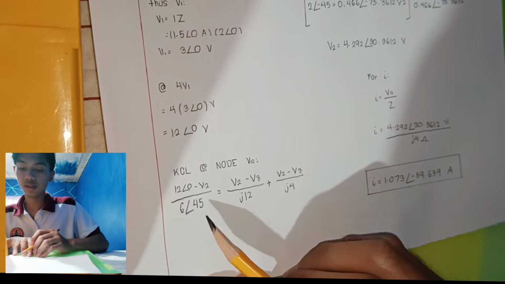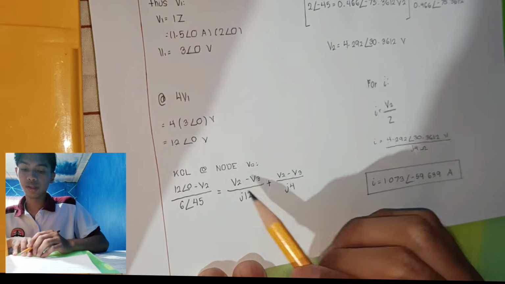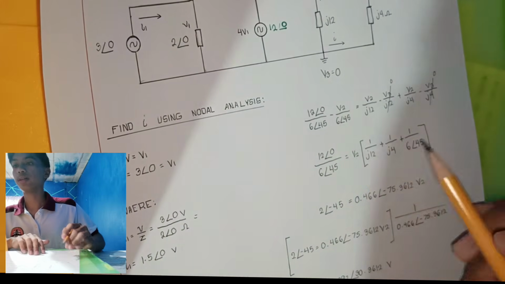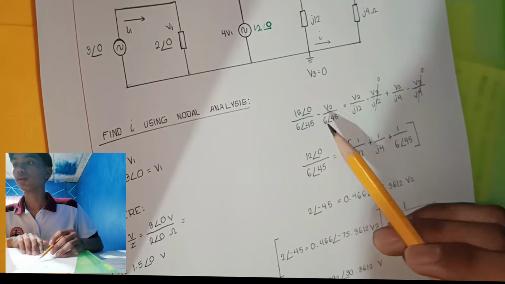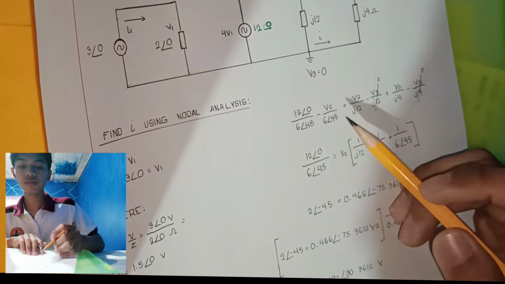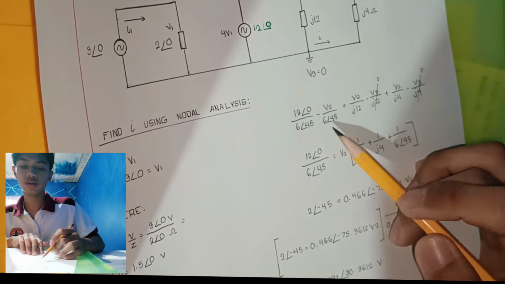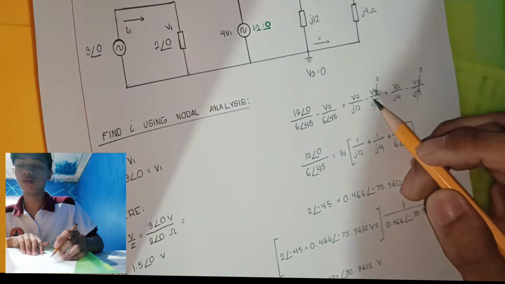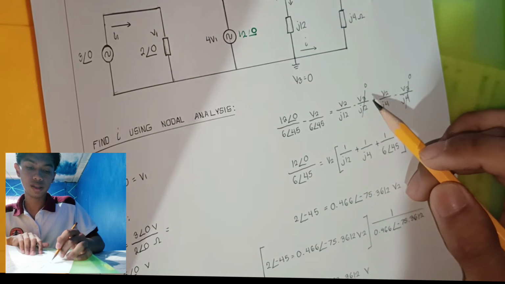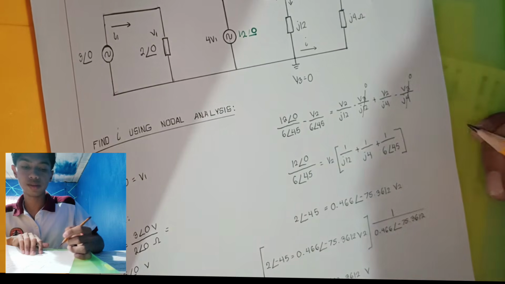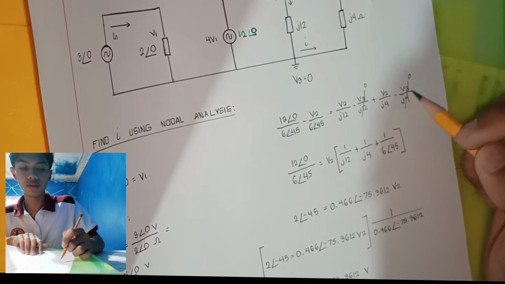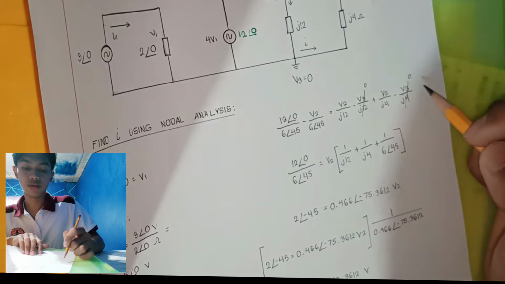Next, we distribute the denominators in the numerators. So here, 12 angle 0 over 6 angle 45 minus V2 over 6 angle 45 is equal to V2 over j12 minus V3 over j12 plus V2 over j4 minus V3 over j4.